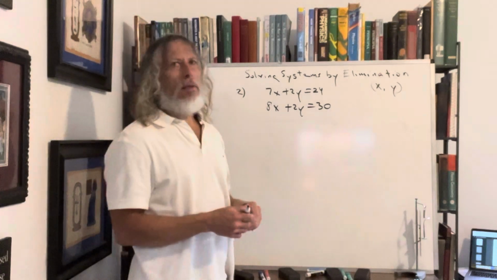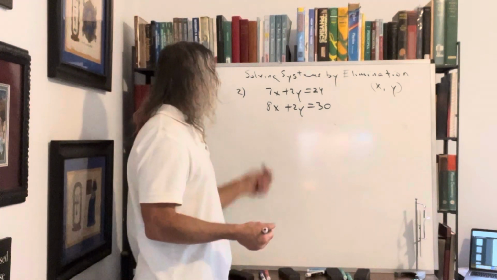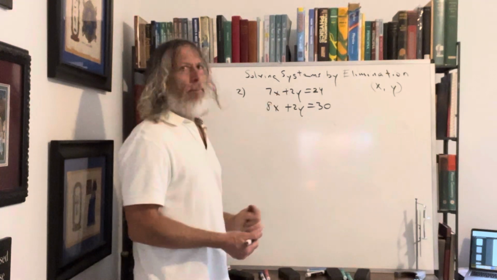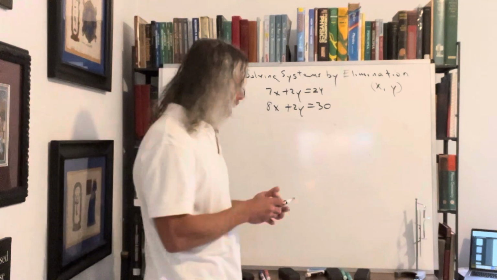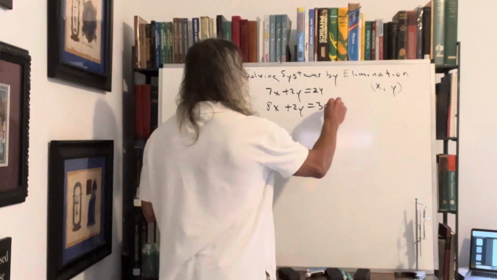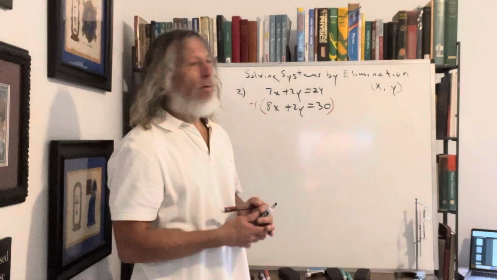Now we don't have anything that's equal but opposite, but we do have things that are equal. So look, these are the same. Now we need to work on our own. We need to make them opposite by multiplying by -1. So I can take this one and multiply everything by -1.